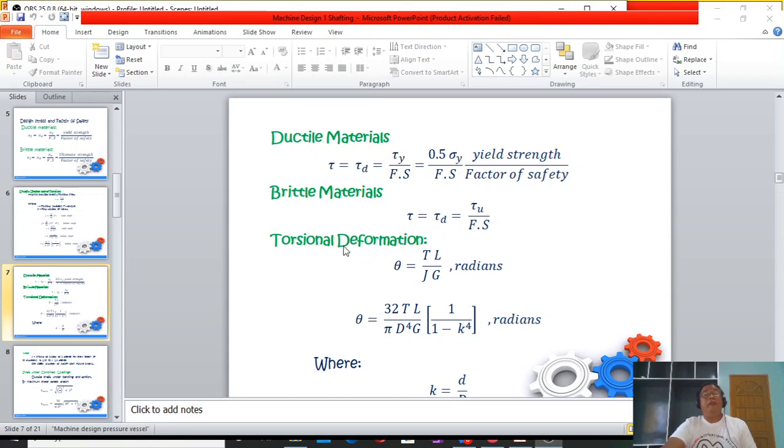Getting J, the polar moment of inertia, substitute it into the equation. Take note, class, that theta here is in terms of radians, while usually the required answer is in degrees. You know already, class, that 180 degrees is equivalent to pi radians.